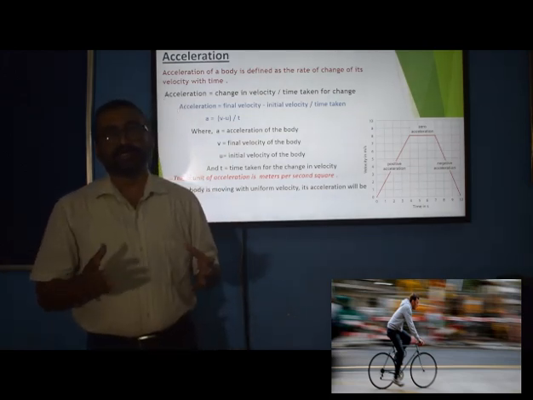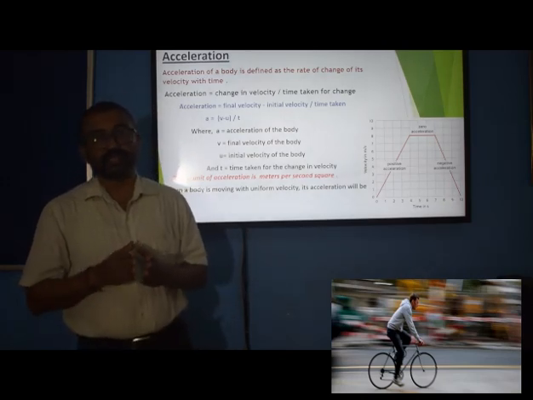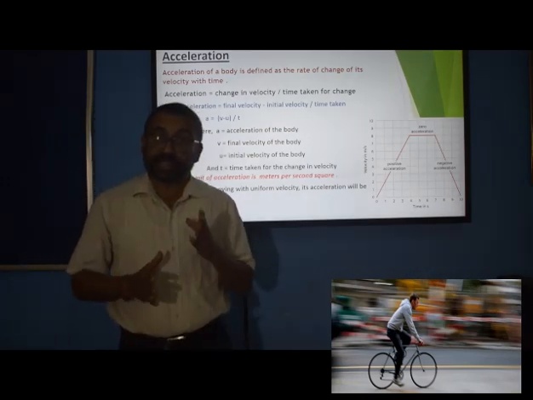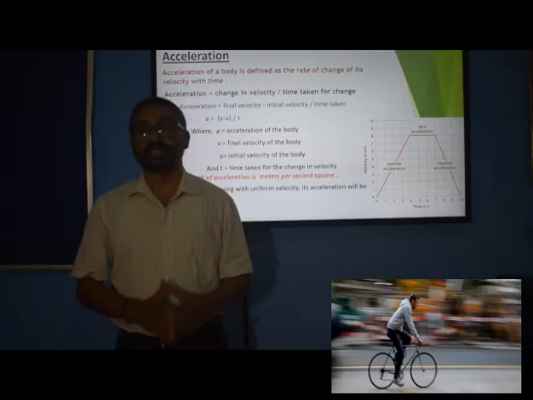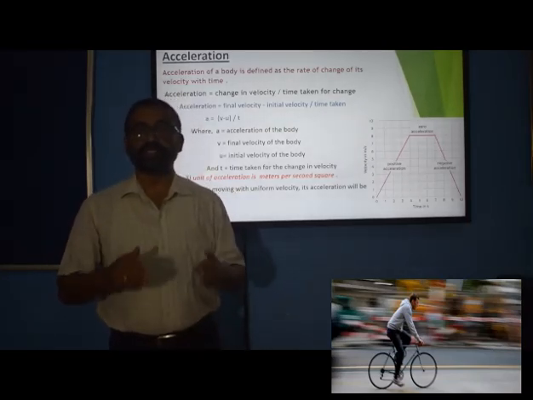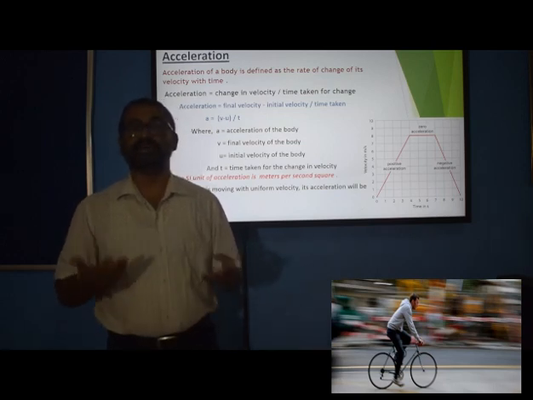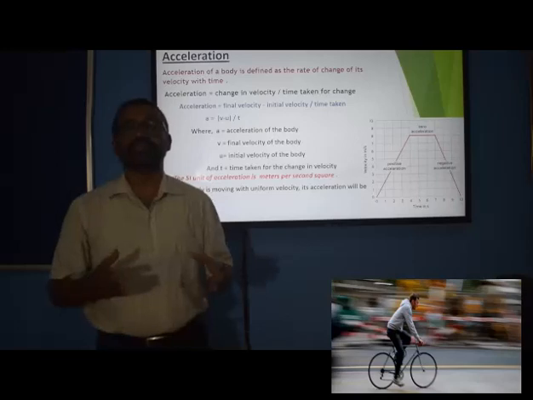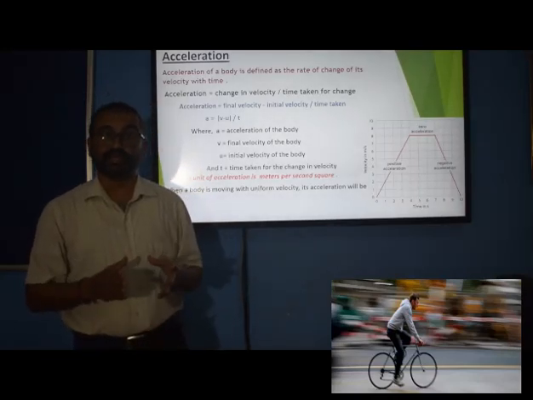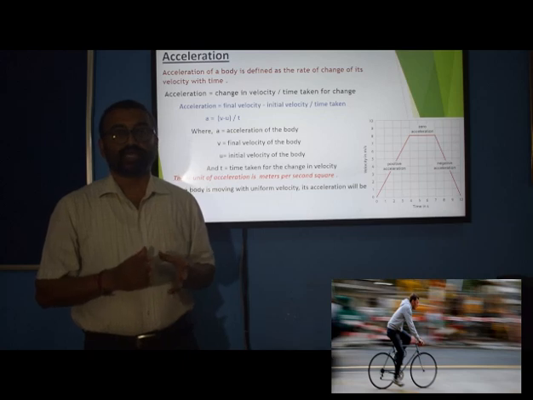So these are the things to be taken care of. Then acceleration is the rate at which velocity changes. How much does the velocity increase or decrease in one second? That is called acceleration, the rate of change of velocity.